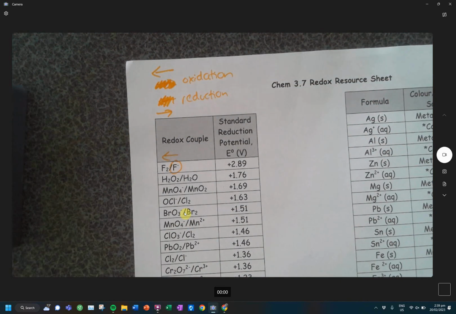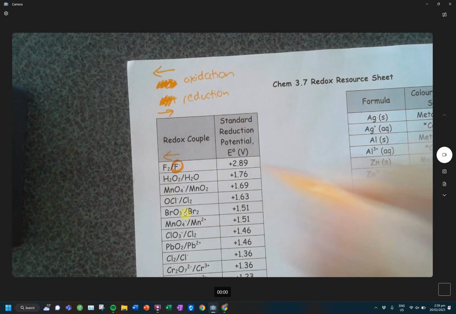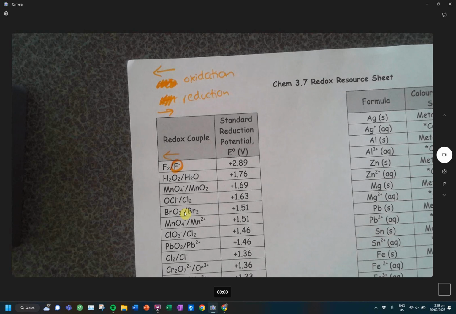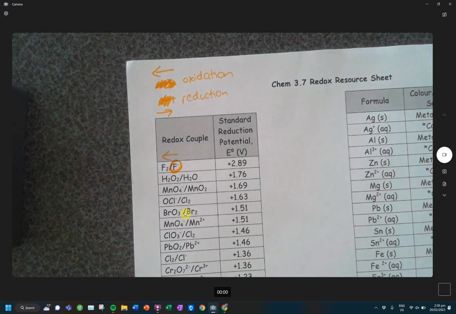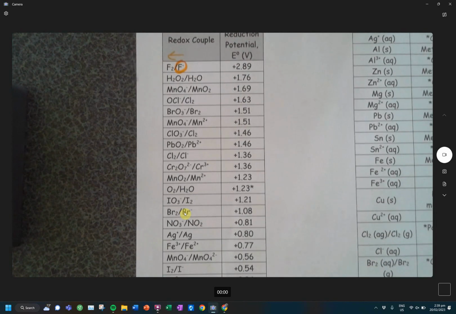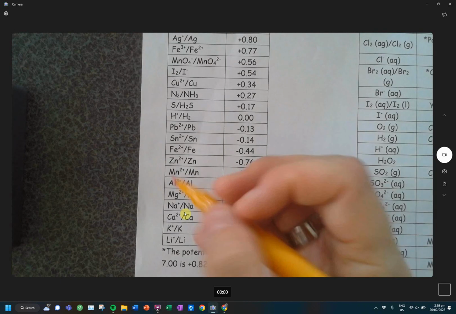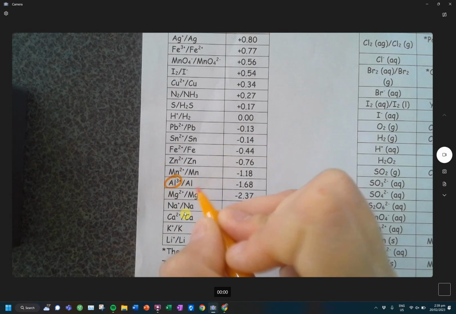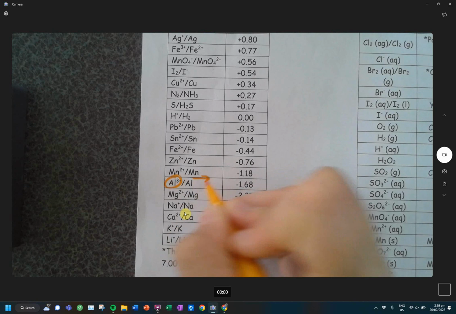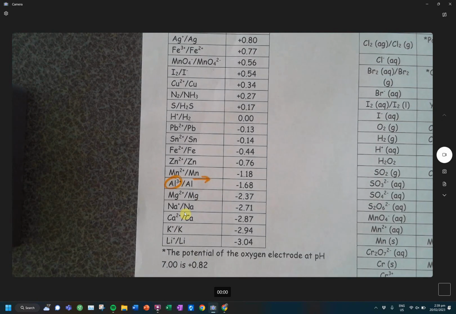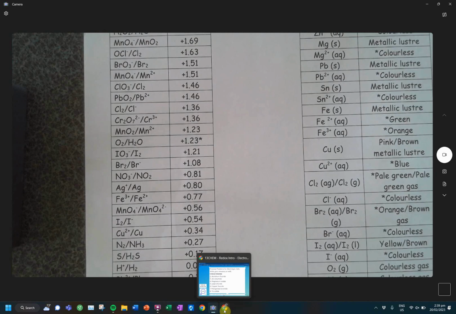So if you're going to the left, that's your oxidation half. If you're going to the right, that's your reduction half. So I see the fluorines over here on my right. It's going to the left. That's my oxidation. If I look for aluminium, the ion, we're starting with the ion. We notice it's going that way now. Reduction. Better? Hopefully.